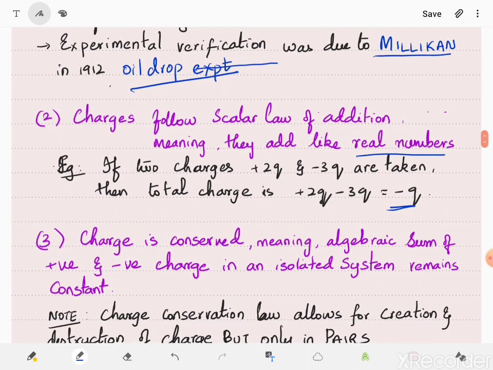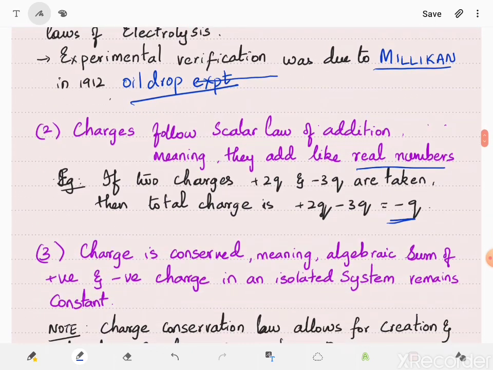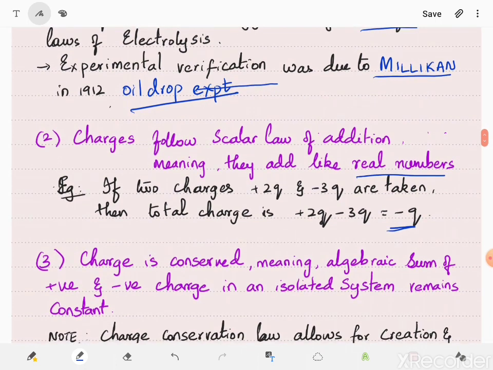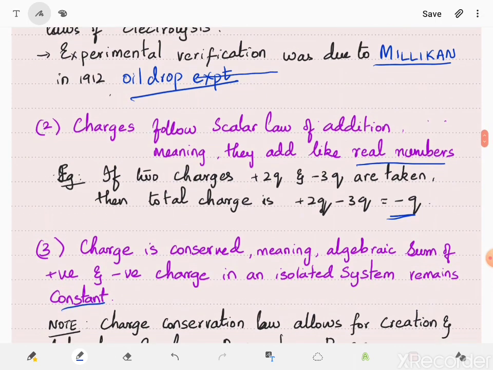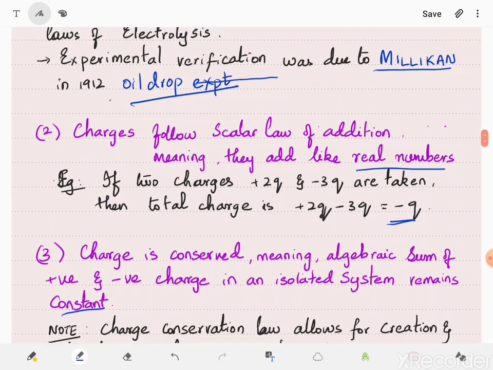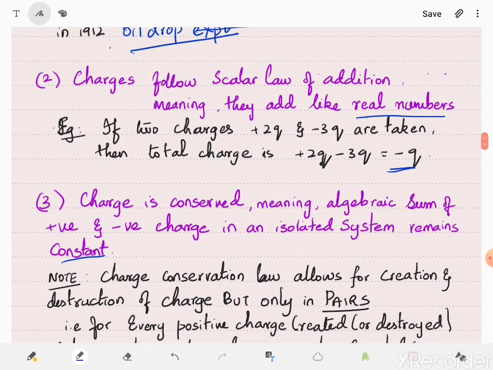The third important property about the charge that I would like to talk about is charge is conserved, meaning algebraic sum of positive and negative charge in an isolated system always remains constant. Well, you can talk about charge conservation, which means that you can create charge and you can destroy charge, but this only happens in pairs, right?